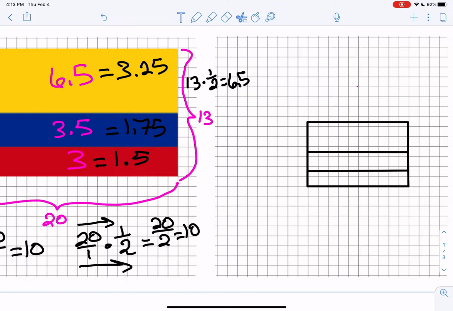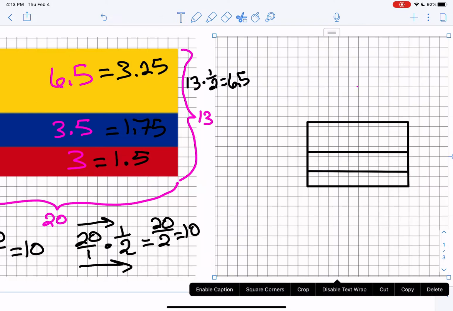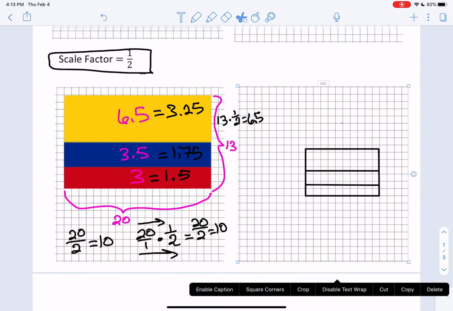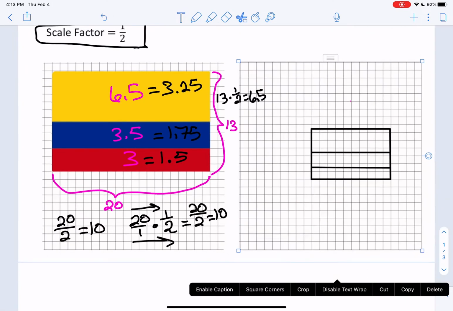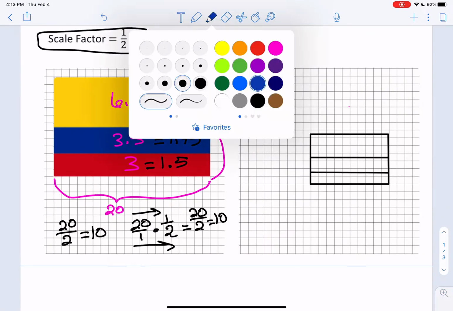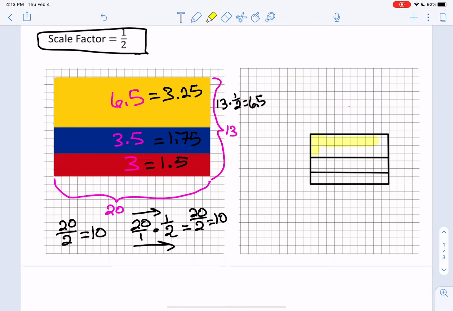And let me go ahead and straighten that line out. Looks a little off center. Okay, and then the red is 1.5, which you can see we end up with on the graph. So now I'm ready to color it in, and we have our new flag.